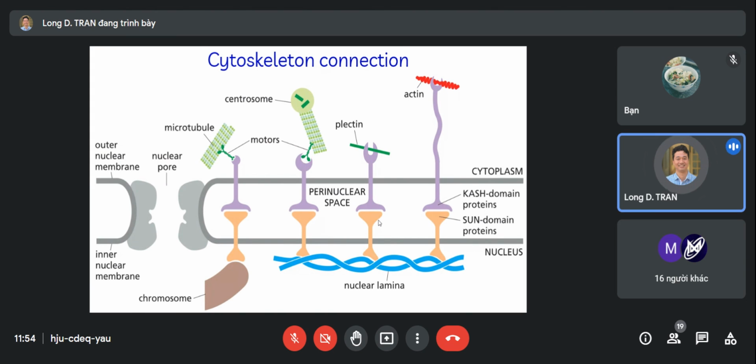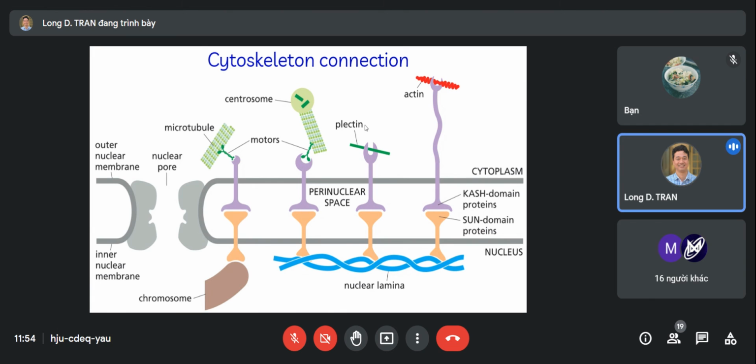The three types of cytoskeleton fibers interact with each other through multiple proteins. For example, plectins can cross-link microtubules to intermediate filaments, and proteins containing KASH and SUN domains can cross-link intermediate filaments inside the nucleus with the outer structures like actin, microtubules, and intermediate filaments in the cytoplasm.